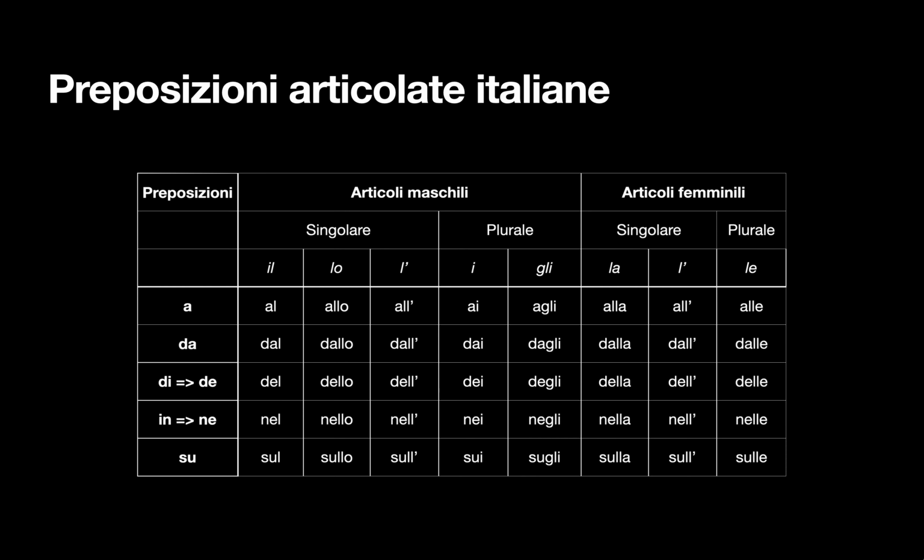Like I said, if you have the one in the book, it's a little bit less overwhelming. But yeah, there's a lot going on here. The good and the bad news is that these get used a lot in Italian. I mean, anytime you say, I have to go to the store or whatever, you're going to be using a preposizione articolata.